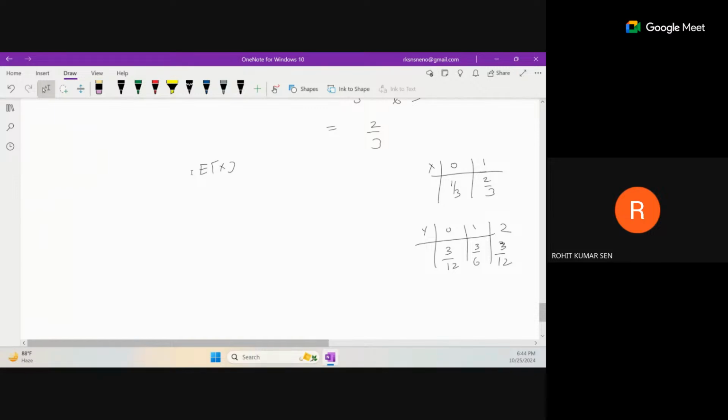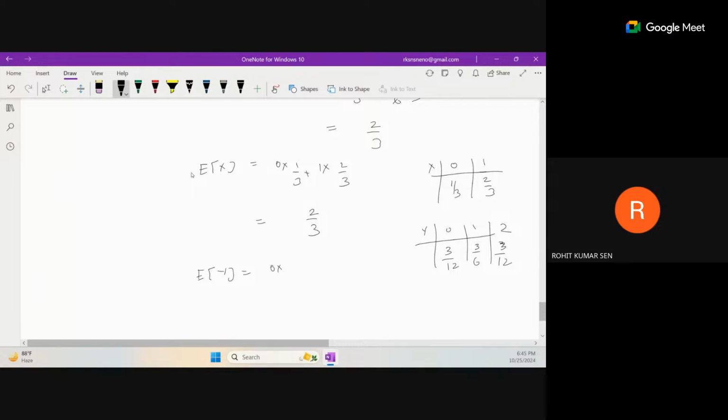Now it is very easy to find the expected value of x. Expected value of x is 0 into 1 by 3 and 1 into 2 by 3, which is 2 by 3. 0 into anything is 0. And in the same way you find the expected value of y.